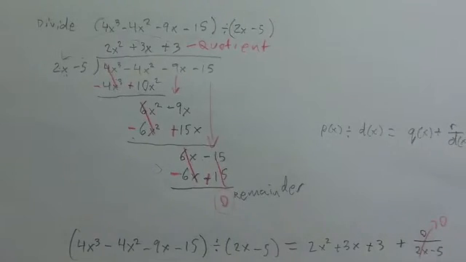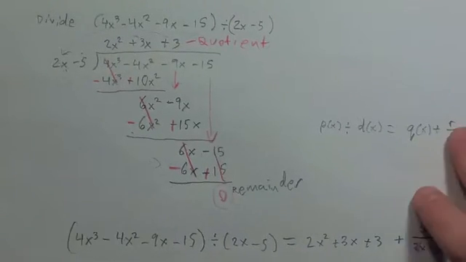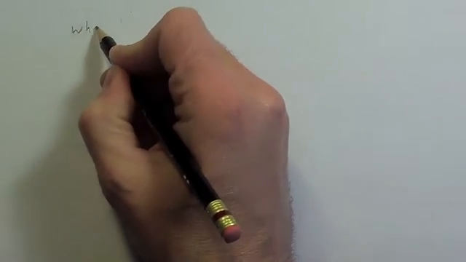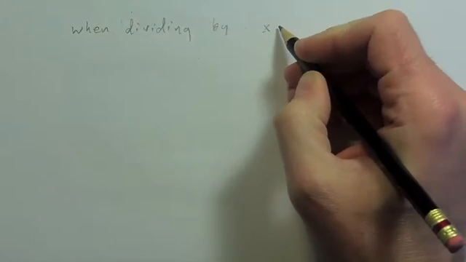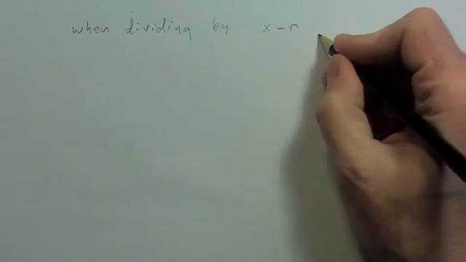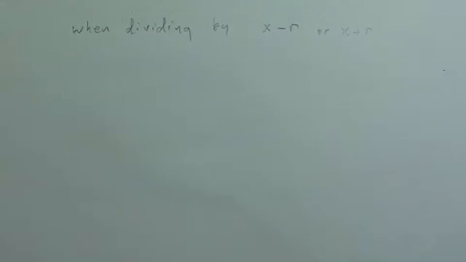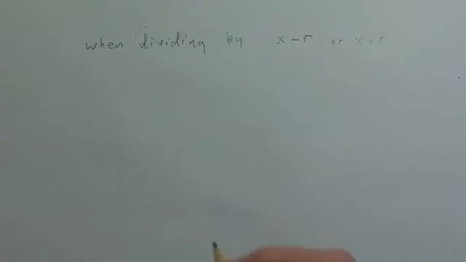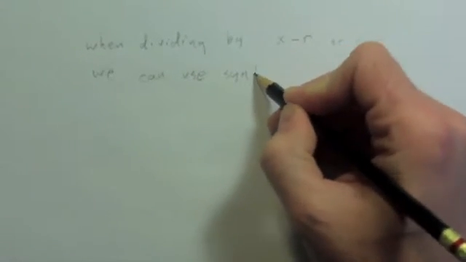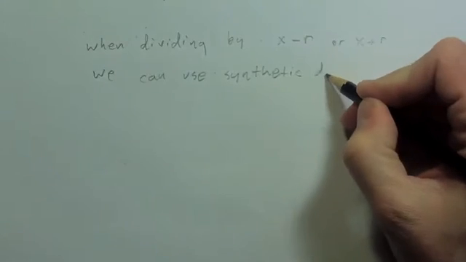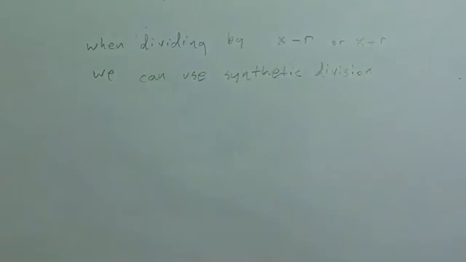So since what we're really trying to do here is find roots, when dividing by just an x minus an r or x plus an r, we can use a simplified version of long division called synthetic division. Here's how synthetic division works.